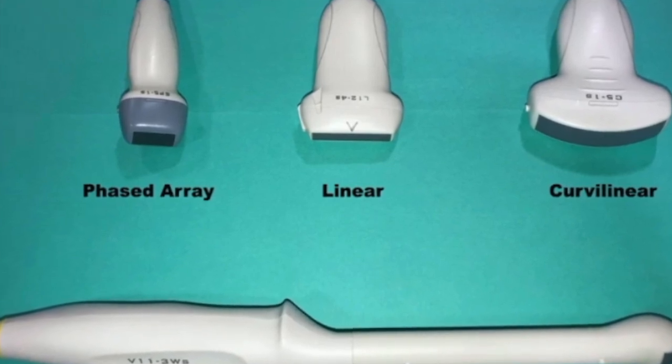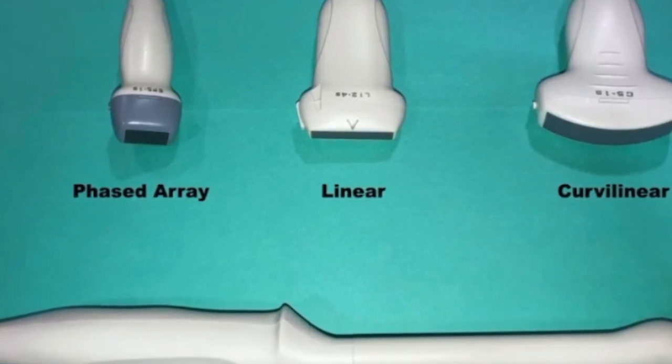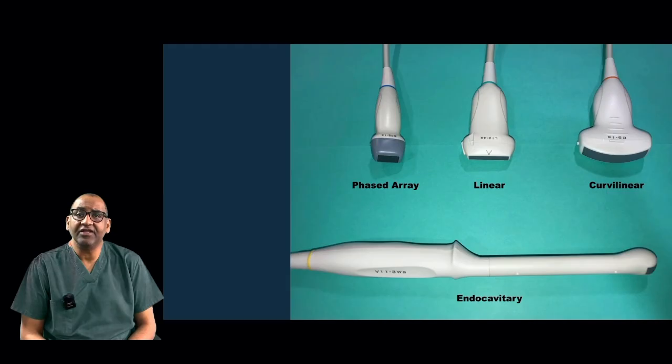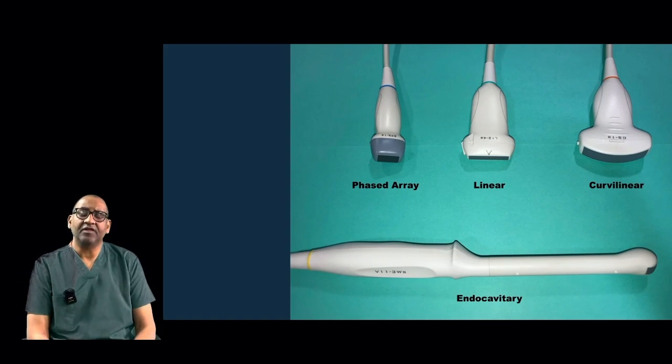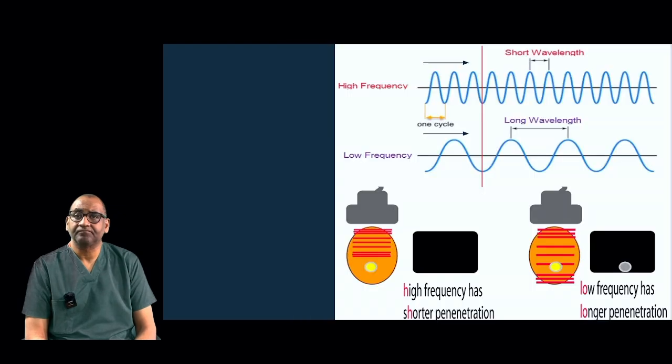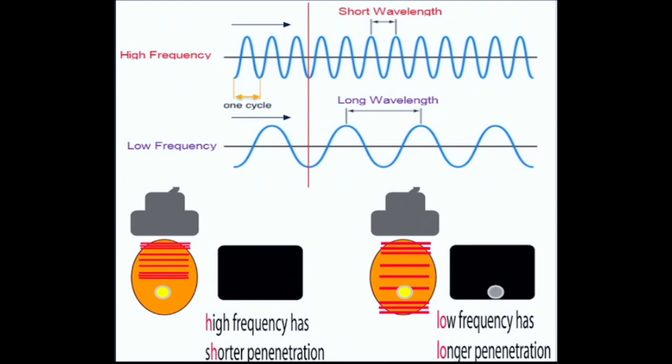You have the linear one, and you have the curvilinear, and we also have the endocavity probe for the internal cavities, like the oral cavity or the vaginal cavity. And again, this is a slide that demonstrates the difference between the high frequency and the low frequency.